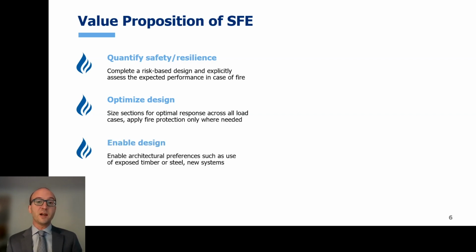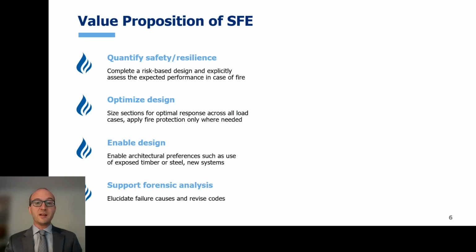To enable design. So in many cases, if the design goes outside of what would fit within the code, for example, because architects have created a unique design, they want exposed steel or exposed timber or simply a different configuration, well, modeling can come in support of this and make that possible by assessing and designing for fire safety.